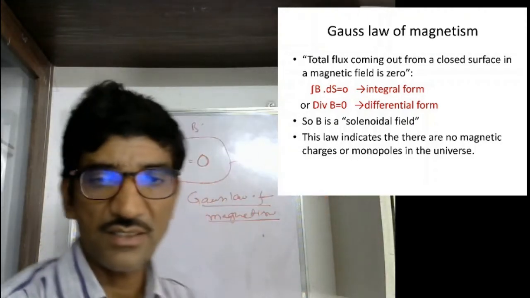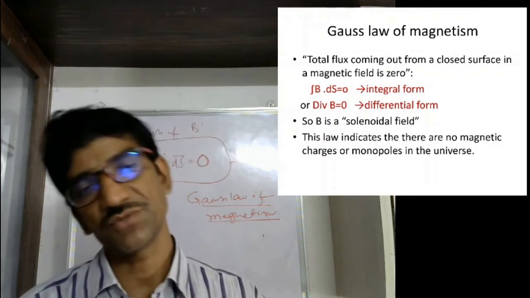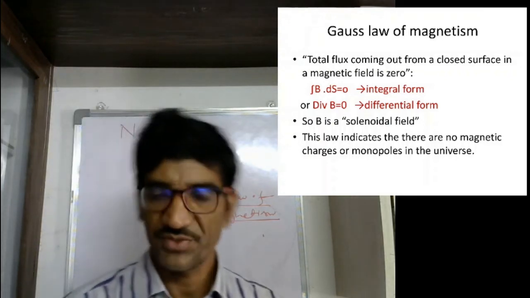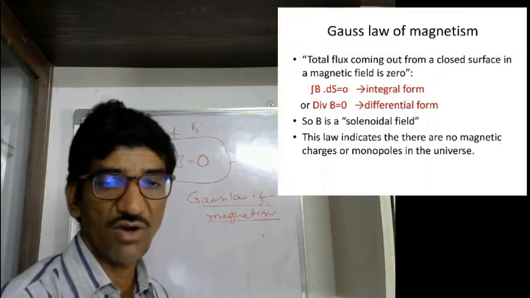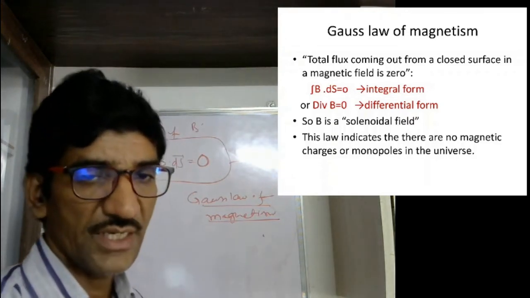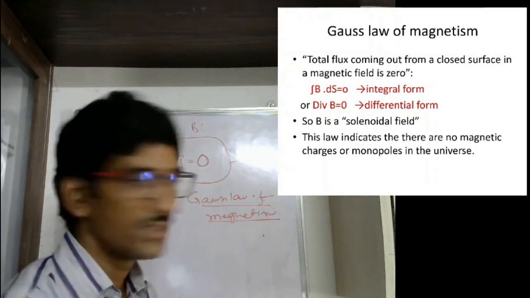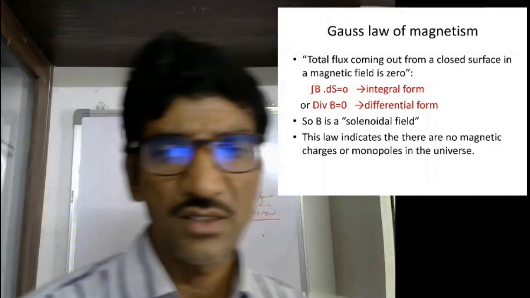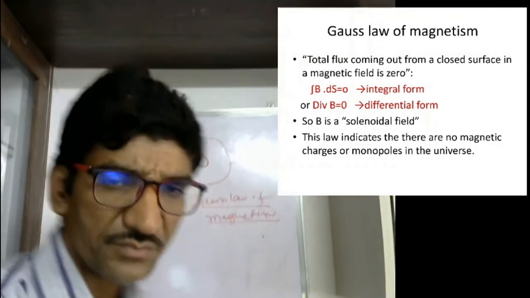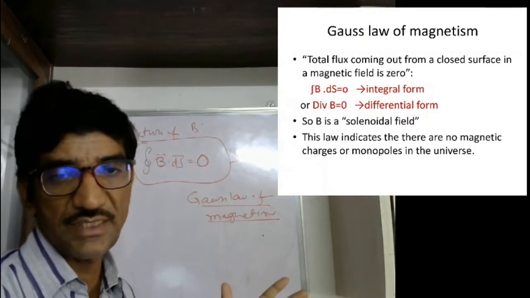In electrostatics, we converted the Gauss law from integral form to differential form. Here also, you may convert this integral form into differential form. On the other side, you have 0, no problem. Just convert this surface integral into a volume integral.